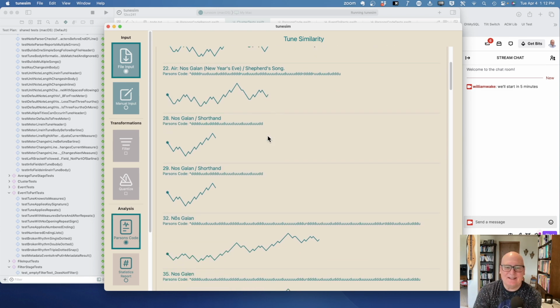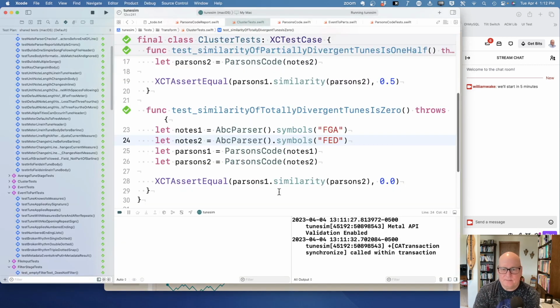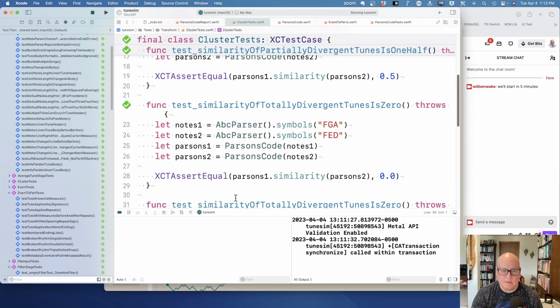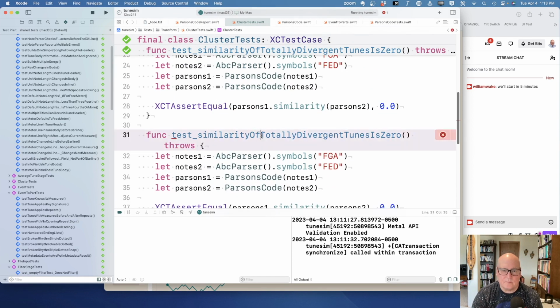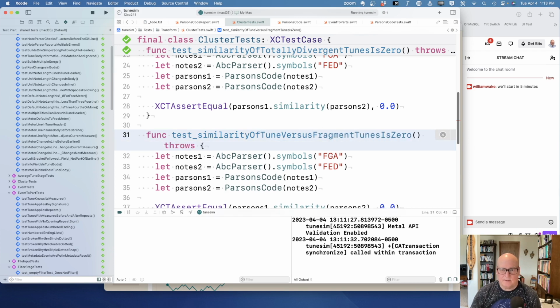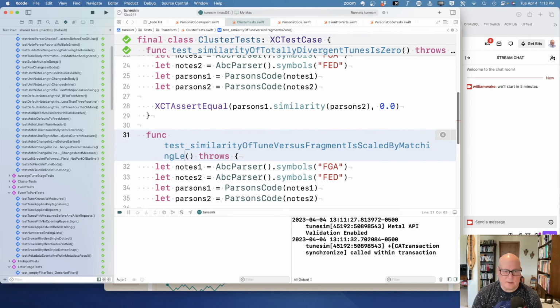All right. So I want to scale it differently. Let's turn that into a test. Okay. So function test similarity of tune versus fragment is scaled by matching length is what I think I want to do.